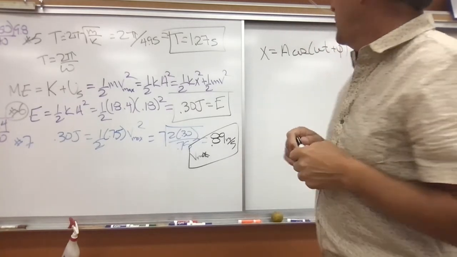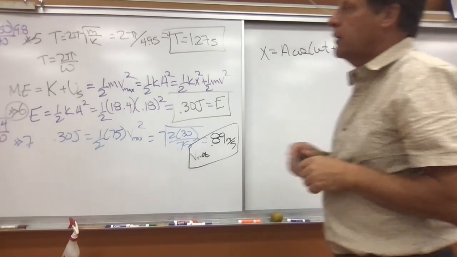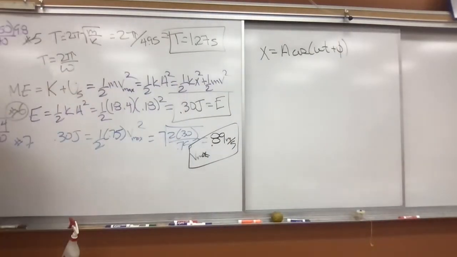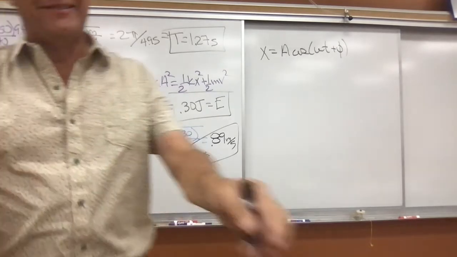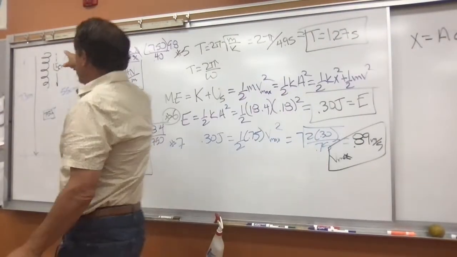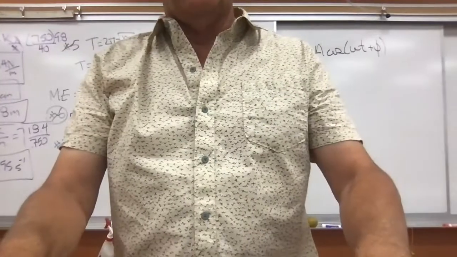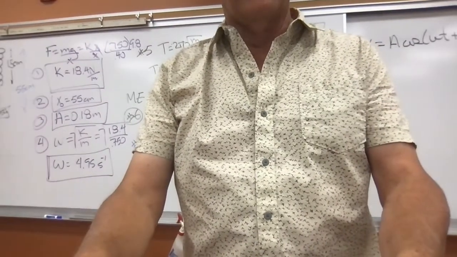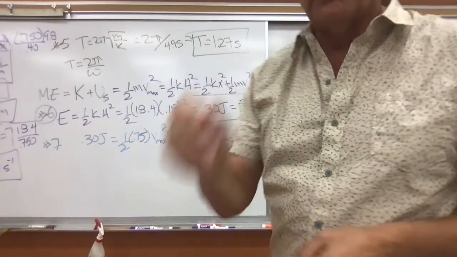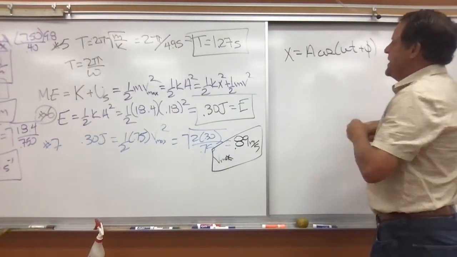That means that we would have started up here. So if we use that as being positive, now we can just plug that in, except this amplitude would be negative.